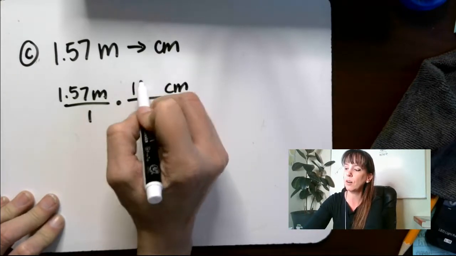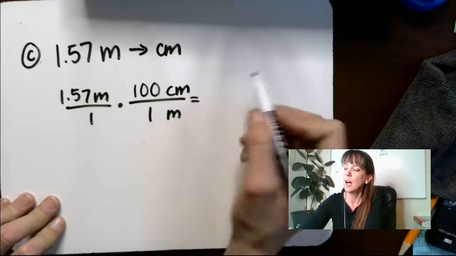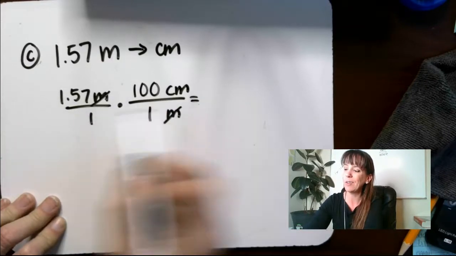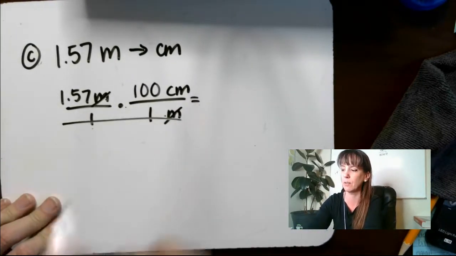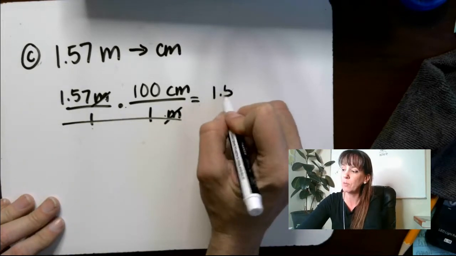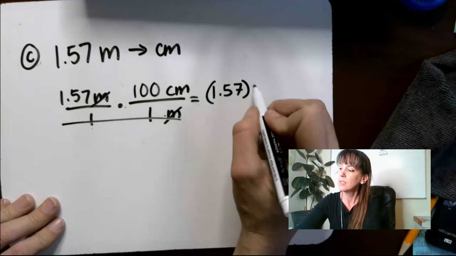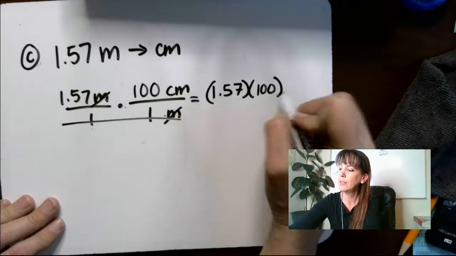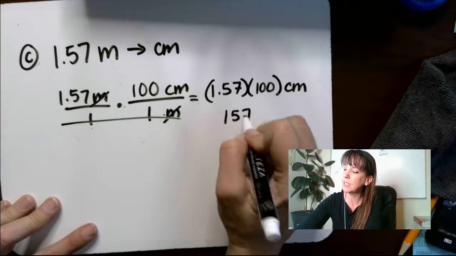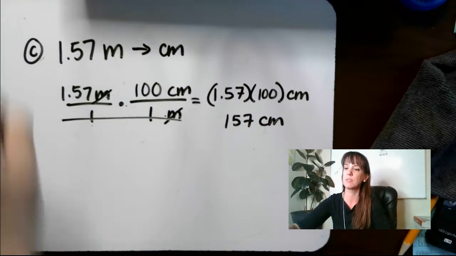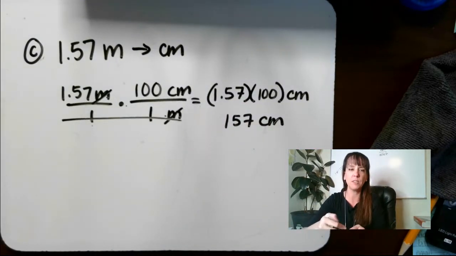In 1 meter, there are 100 centimeters. These guys cancel out. Now, downstairs, I'm just left with 1 times 1, which is 1, so we can get rid of that. Upstairs, I'm left with 1.57 times 100. So that means you have 157 centimeters. Excellent work. If you have any questions, let me know.